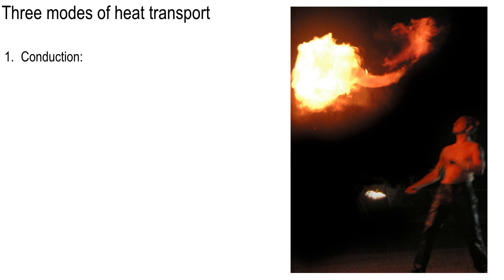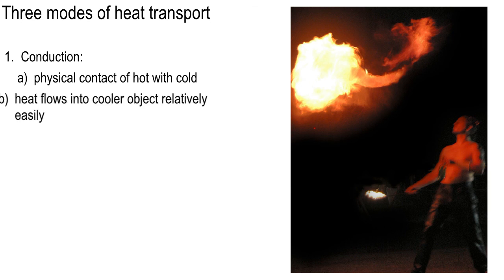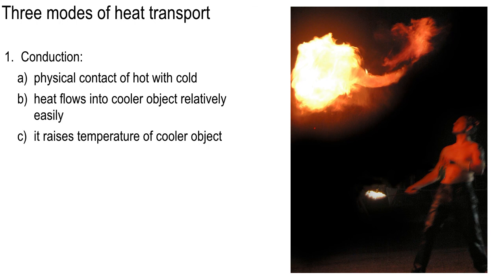And the three modes of heat transport, the first one's called conduction. And that's where you have a physical contact of some kind of hot with cold. So the heat flows into the colder object relatively easily. And it raises the temperature of the cooler object, and the stuff that's originally hot cools off a little bit.